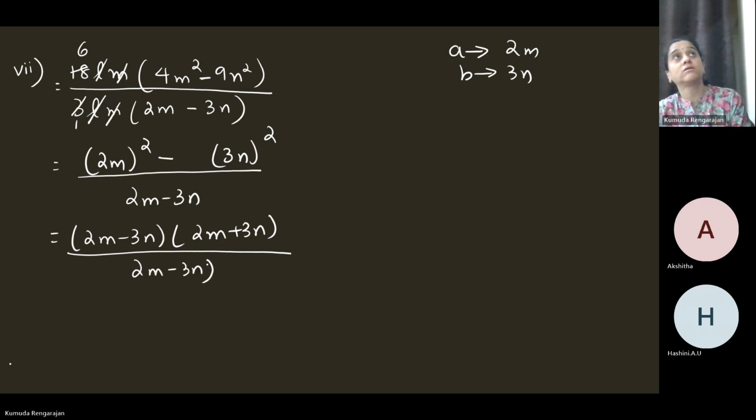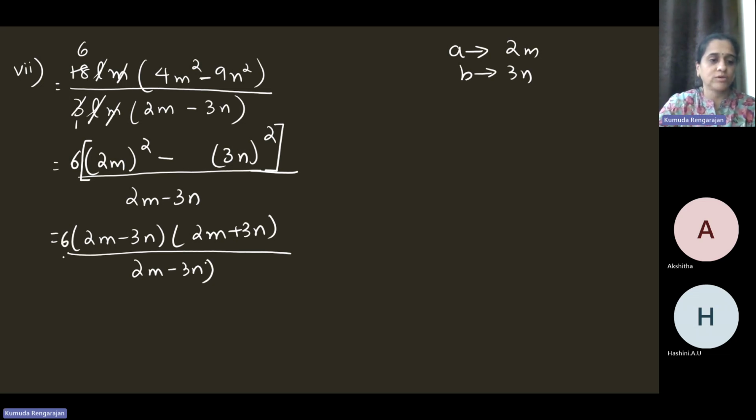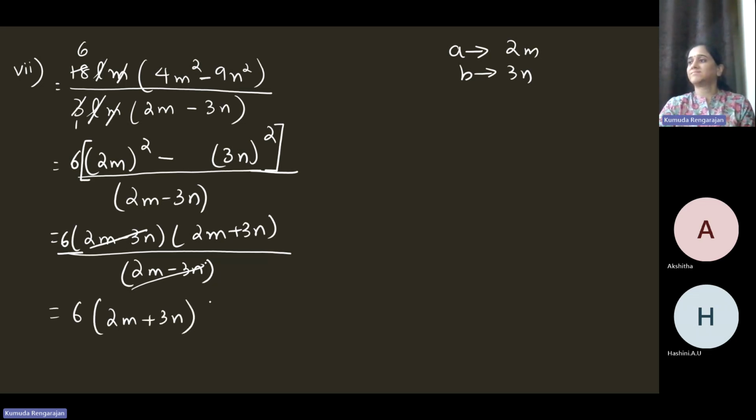Then you should use a square bracket. If this is 6, then in the next step you can remove that. Now 2m minus 3n, 2m minus 3n cancel. So it is 6 into (2m plus 3n), which is 12m plus 18n. You can leave it like this.